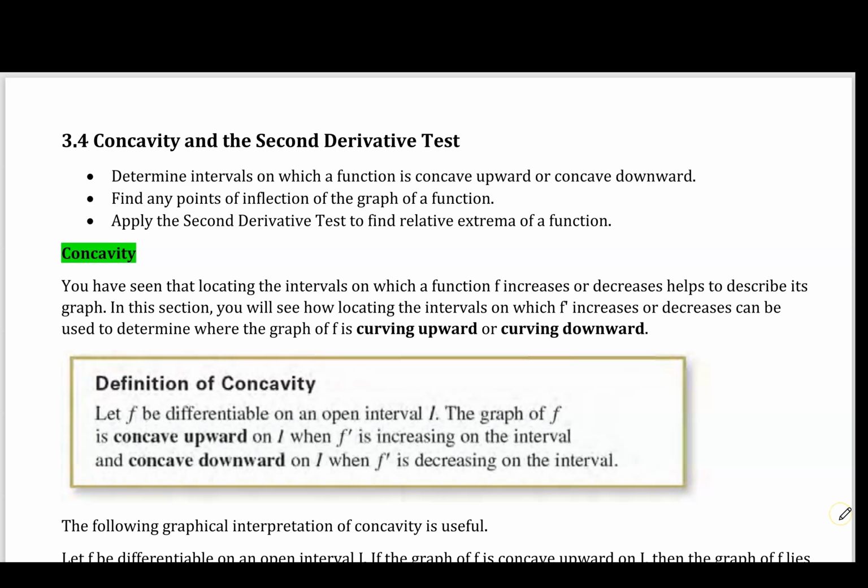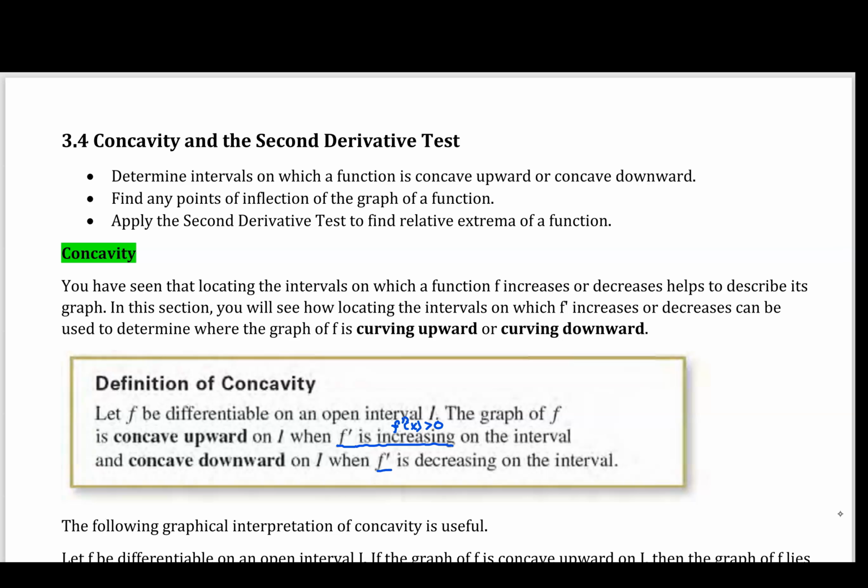It means when you say that a function f prime is increasing, that means that the derivative of the first derivative, so meaning to say the second derivative, is positive on that interval.